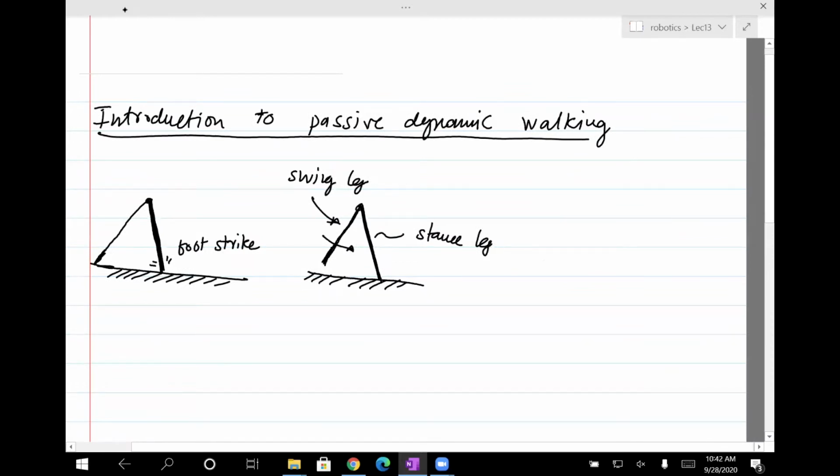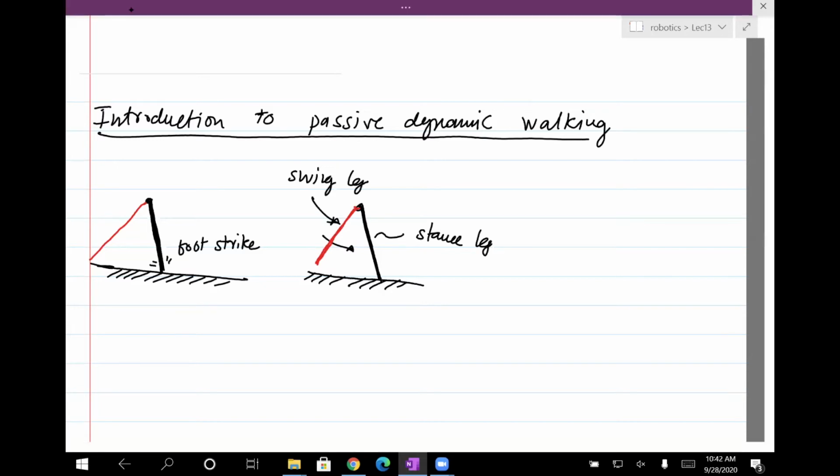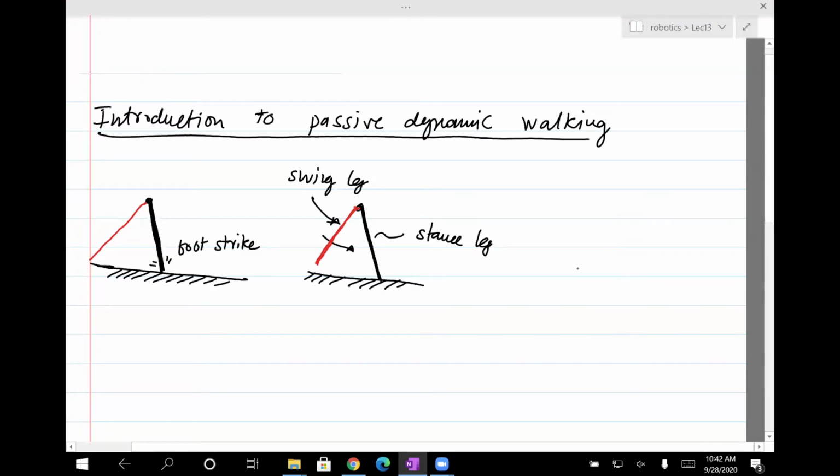Let me change the color, it might make this easier to understand. The red leg is the swing leg. It swings, eventually swinging past the stance leg.